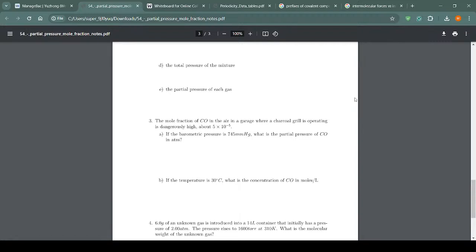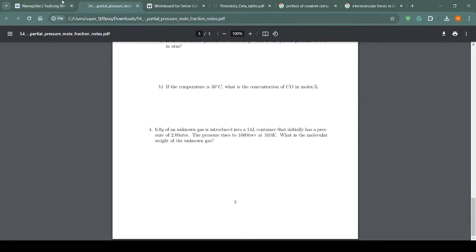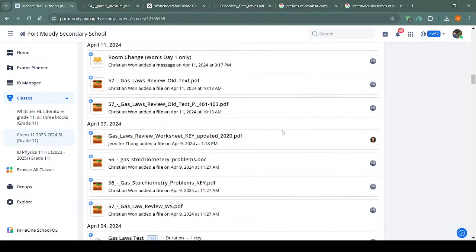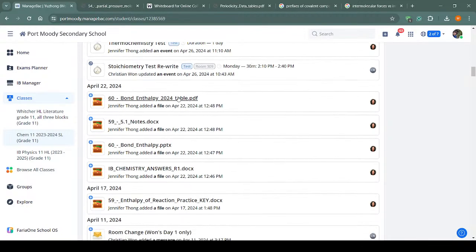Right. Okay. Partial pressure, gas laws, enthalpy. Bond enthalpy. We get the enthalpy data table, right?